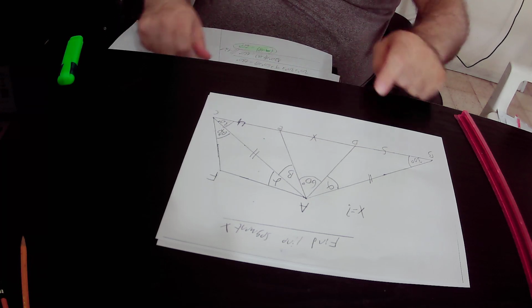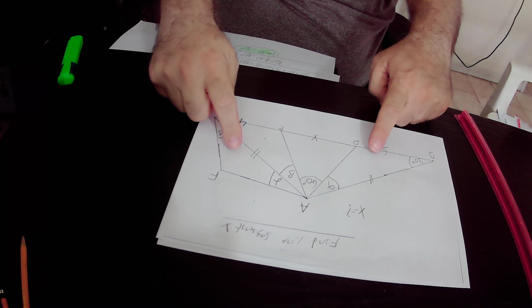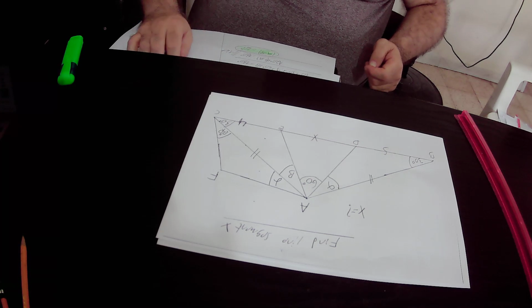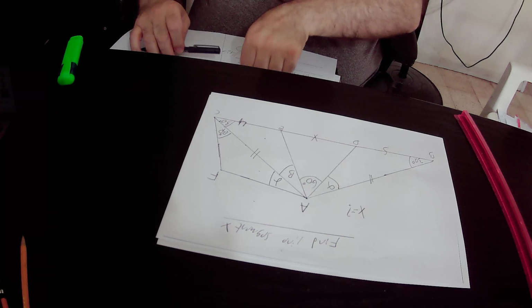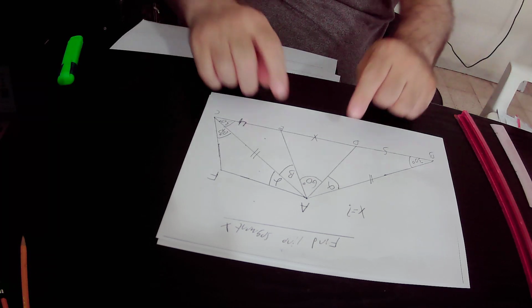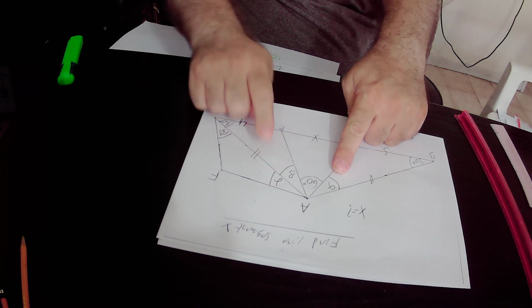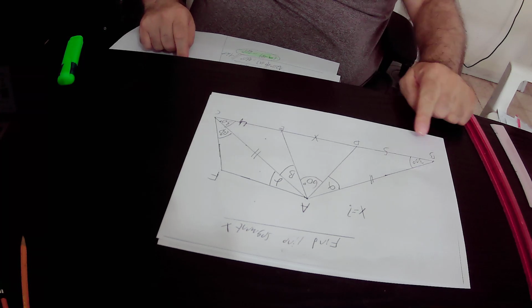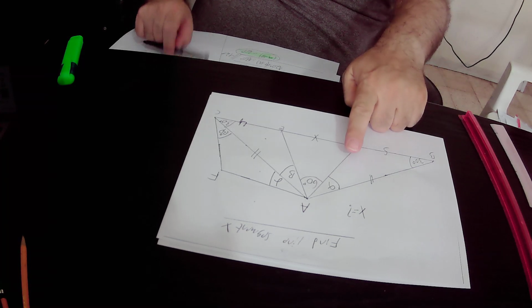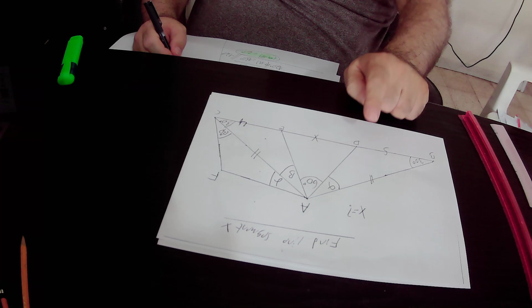So, why can those two triangles go into each other? First of all, those two angles are both equal to alpha, therefore they are equal to each other. Angle BAD equals alpha according to our definition.